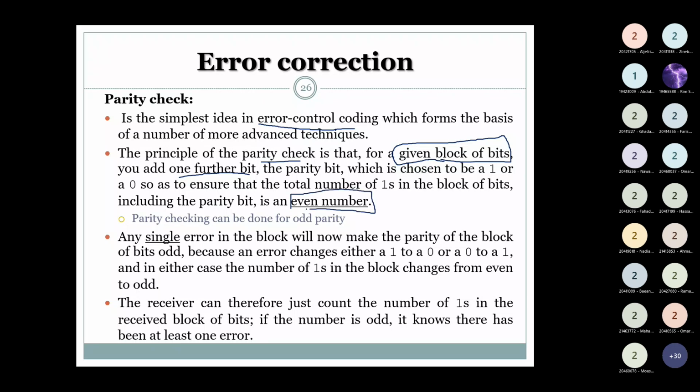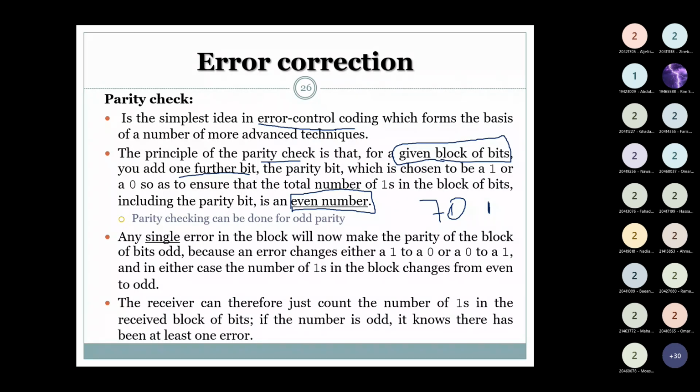Okay? So you need to have an even number of ones in each block. If you have 7 ones, the parity bit will be 1. Why? Because I will get 8 ones, which is an even number.